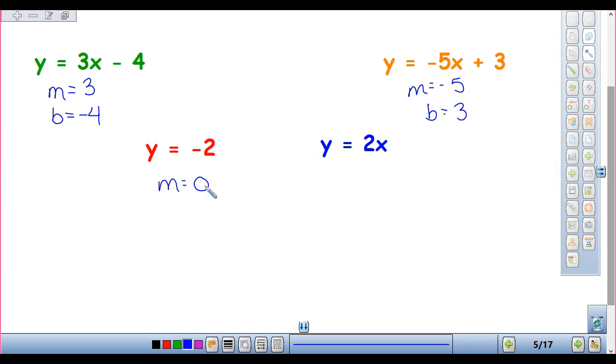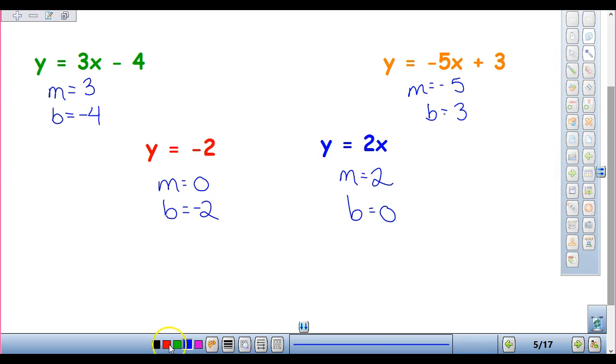So if there's no x there, my m is 0. My b is -2. Okay, over here, my x is there, so my m is 2, my b is 0. There you go.